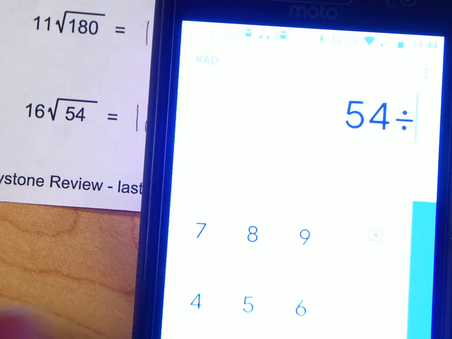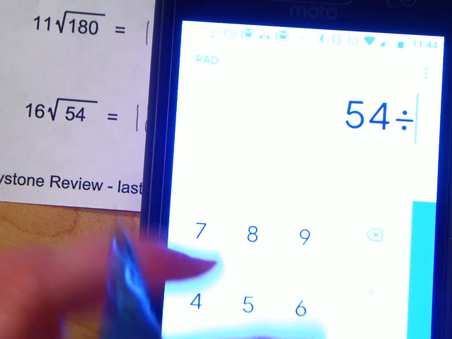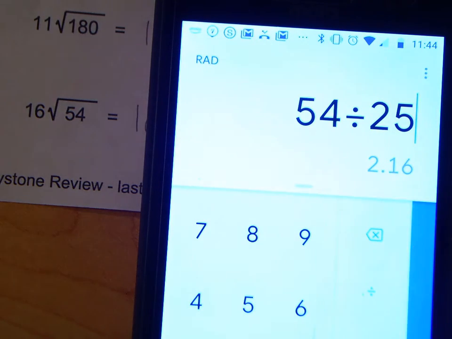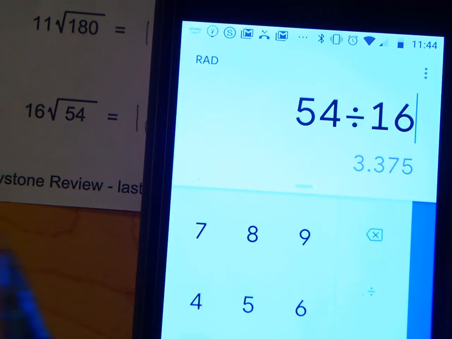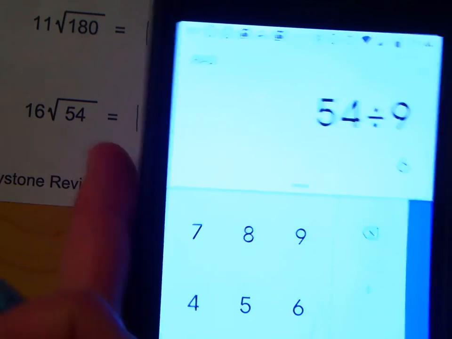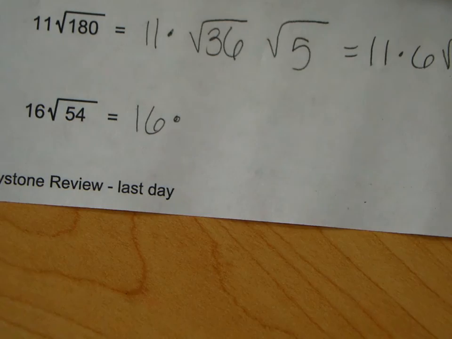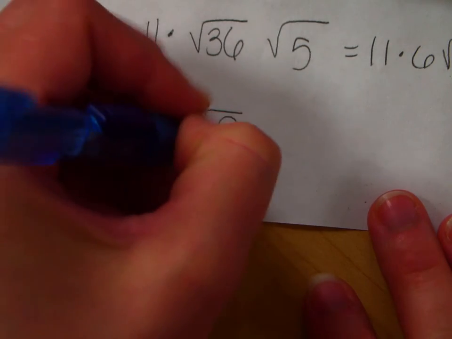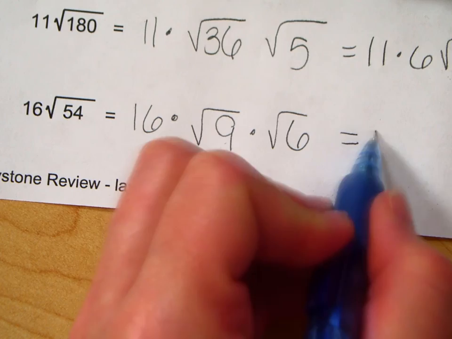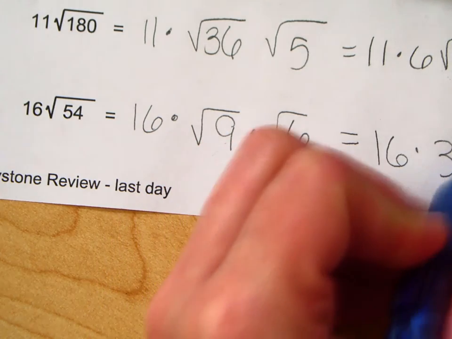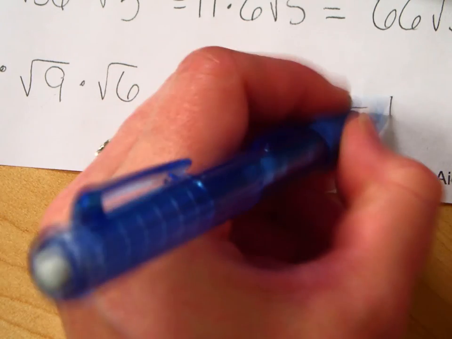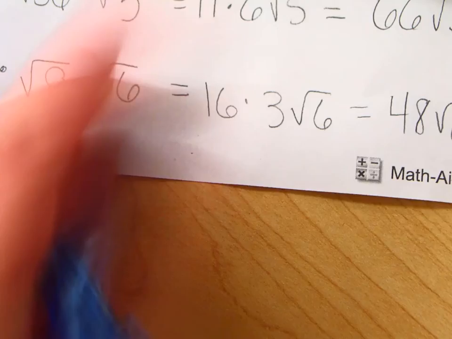So I'm going to do 54 divided by 36, does not work. 25 does not work. 16 does not work. 9 gives 6, so you get 9 and 6. So I'm going to do the square root of 9 times the square root of 6. The square root of 9 becomes a 3, so I do 16 times 3, square root of 6. And then 16 times 3 is 48 square roots of 6.